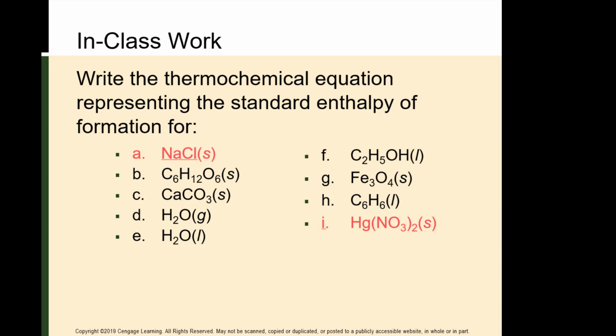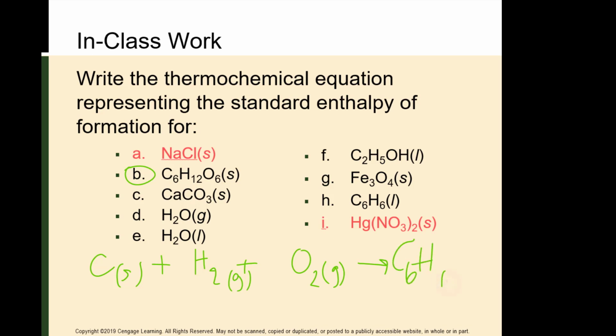If I'm trying to create, we're looking at B first. I'm going to have carbon in its standard state, which is just solid carbon. We know hydrogen in its standard state is diatomic, and that's a gas. And oxygen in its standard state is O2 as a gas. And we want 1 mole of C6H12O6.